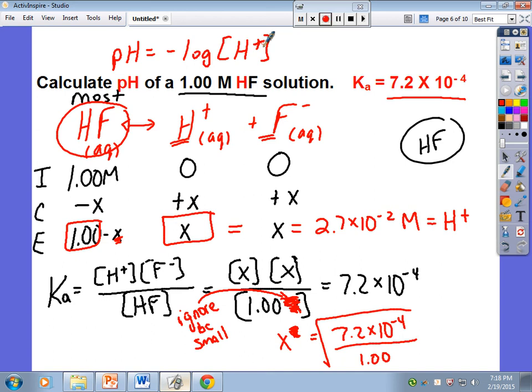Negative log of 2.7 times 10 to the negative 2. I keep hitting the wrong button today. And I get 1.5686.